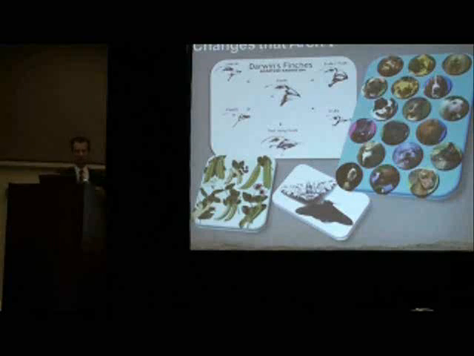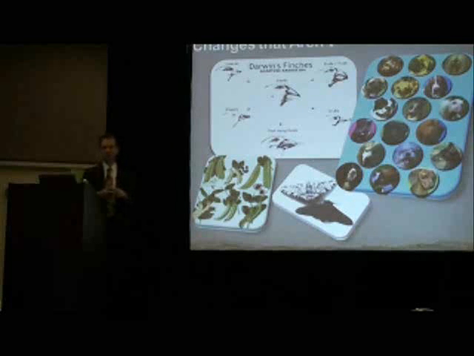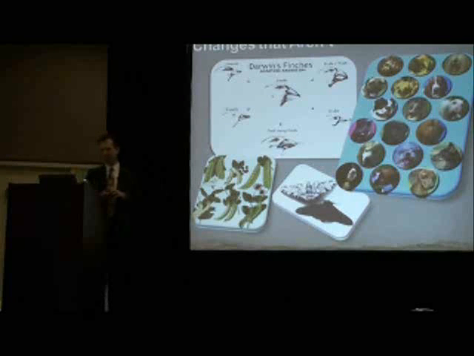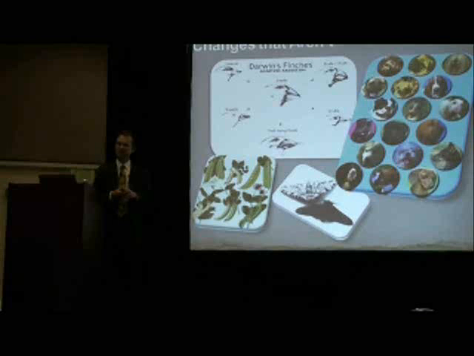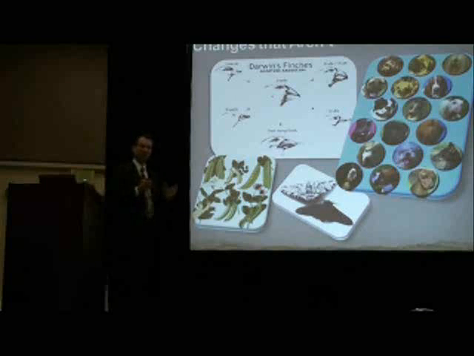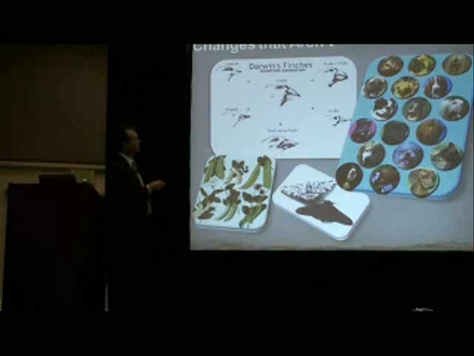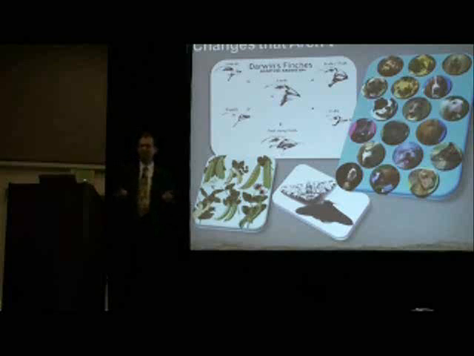So let's talk a little bit about Mendelian variation, or changes that aren't Darwinian evolution. It's interesting to note that most of what Darwin observed was Mendelian variation, not actual Darwinian evolution, which is kind of ironic. For example, finches can get large beaks, small beaks, all within 2 or 3 generations.